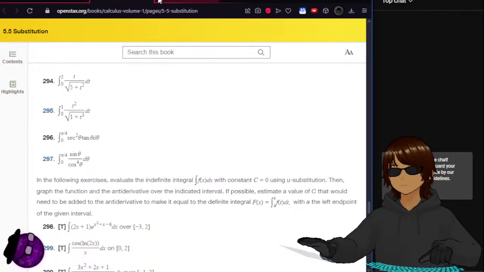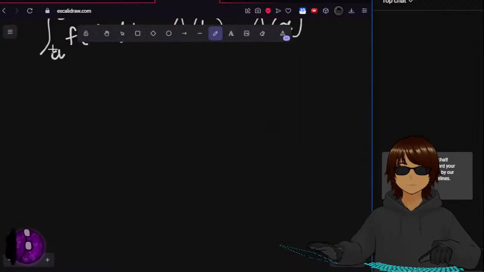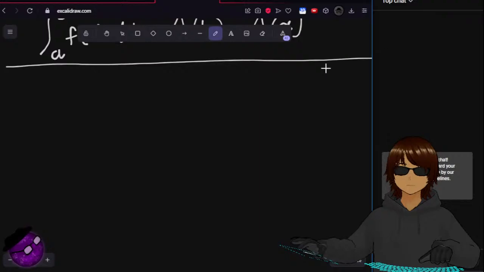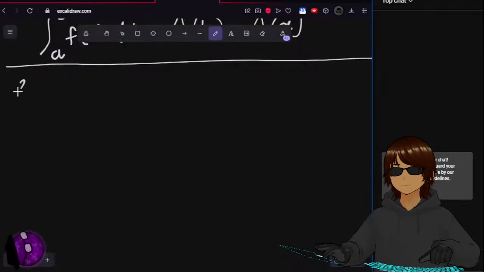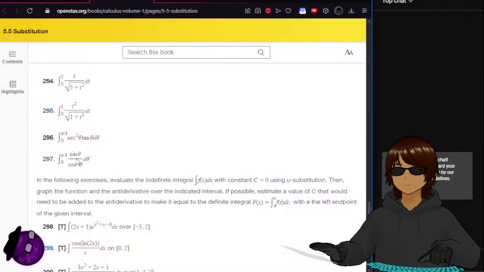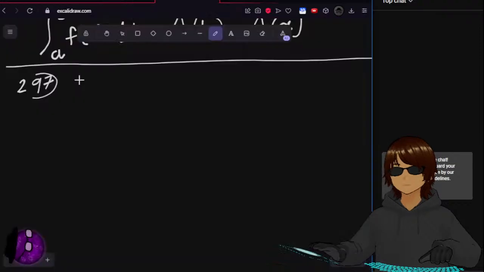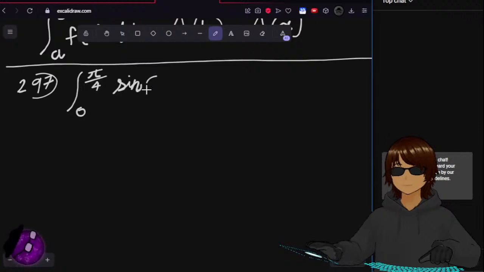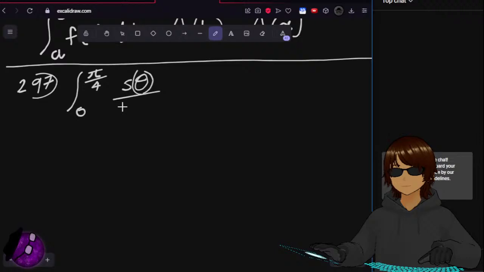Let's do this one. What is this? 297. The integral from pi over 4 to 0 of sine theta over cos, I'll just write it like this, sine theta cos and d theta.